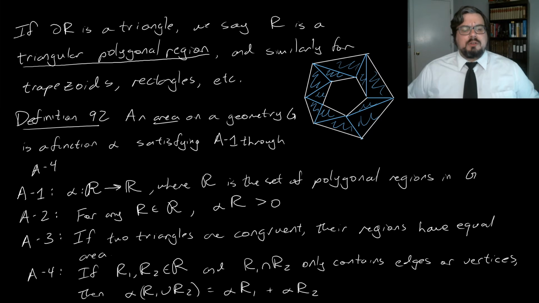So these are the sort of basic conditions that we would want out of an area. Any function that makes sense to us as an area function ought to satisfy these conditions A1 through A4. And it turns out that the last theorem that we proved the last time will allow us to show that we can, in fact, define a function that does this.